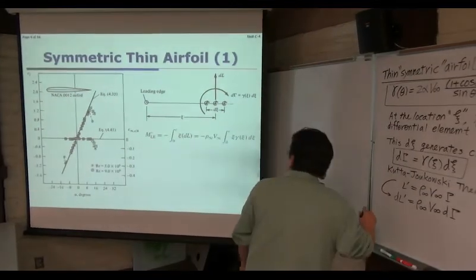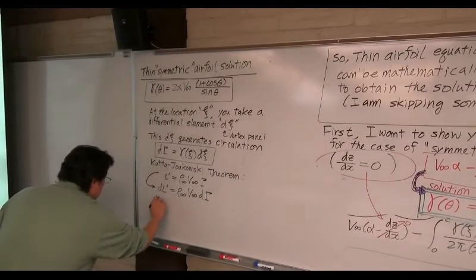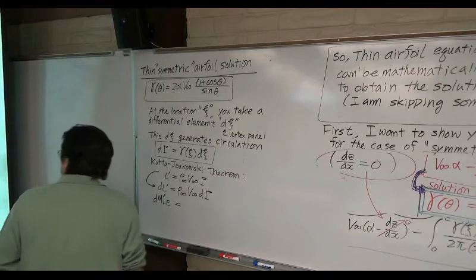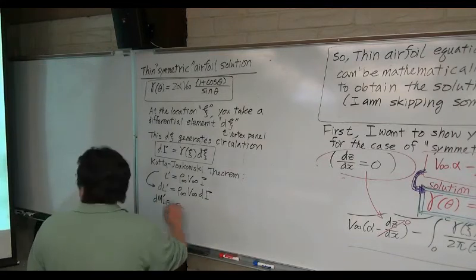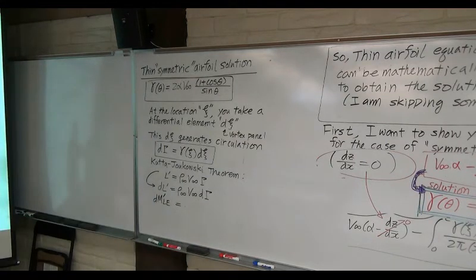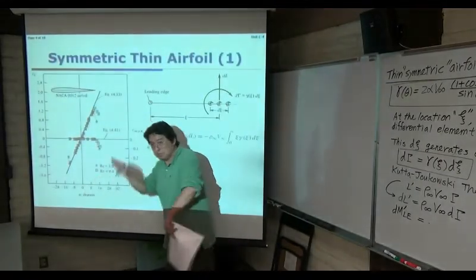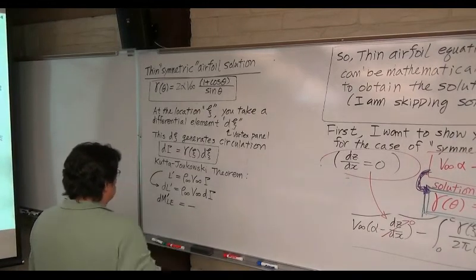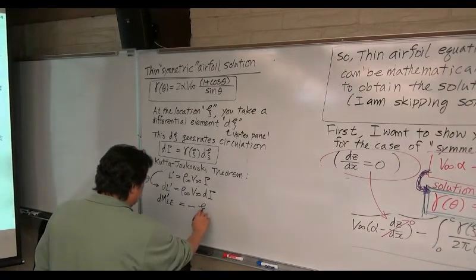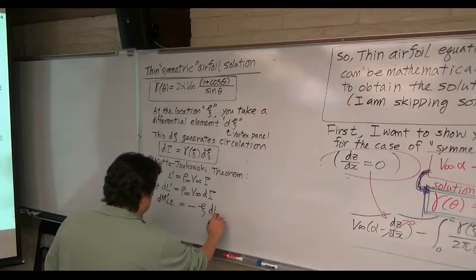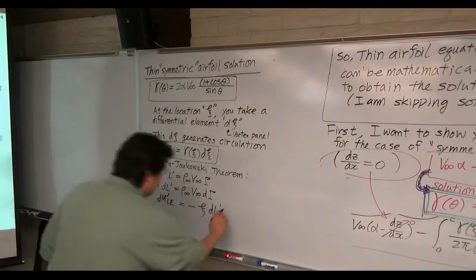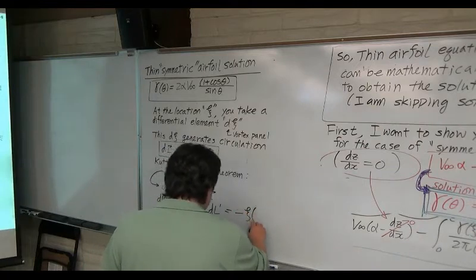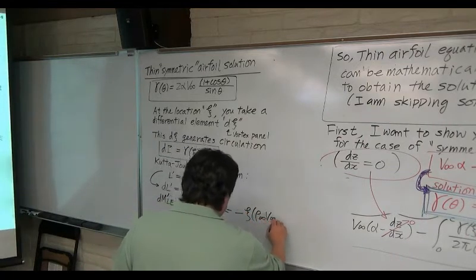So that is essentially dm prime le, which is, by the way, a pitch down moment, so it's minus. Okay, so I'm going to put minus xz times dl prime, which is minus xz rho infinity b infinity d gamma.